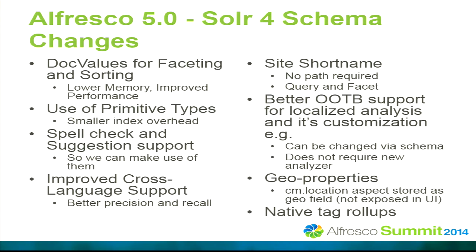Enhancing cross-language support, multilingual localization support, which Andy can talk through the details of if people want to go into the detail behind that. We're also indexing some additional Alfresco-specific things like site short name. So basically, if a piece of content lives within a site context, we have a site field now in the index, which means you can very quickly and easily search within the site context.